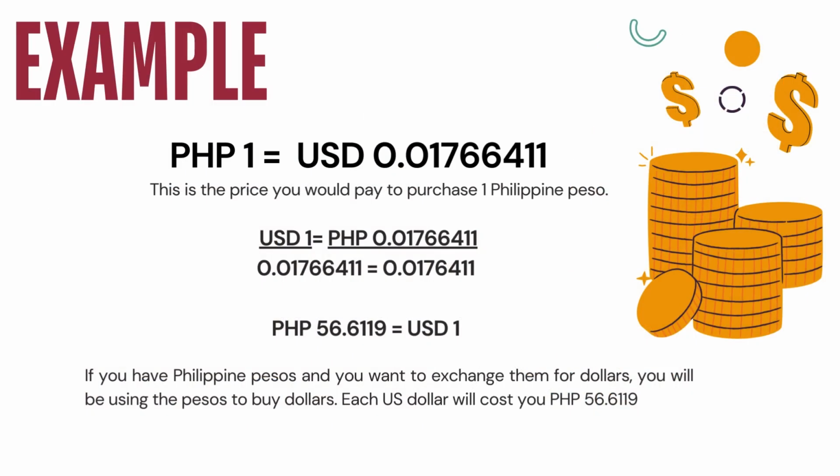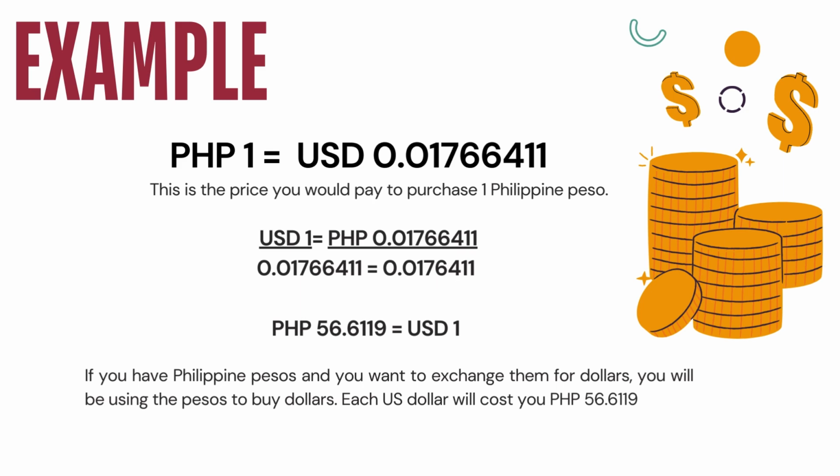So we have here an example where 1 Philippine peso is equivalent to 0.0176641 US dollars. So this is the price you would pay to purchase 1 Philippine peso. On the other hand, 1 US dollar is equivalent to 1 divided by 0.0176641, the equivalent of 1 Philippine peso in US dollars, in order for us to arrive at the conversion of 1 US dollar to Philippine peso, which is 56.6119.